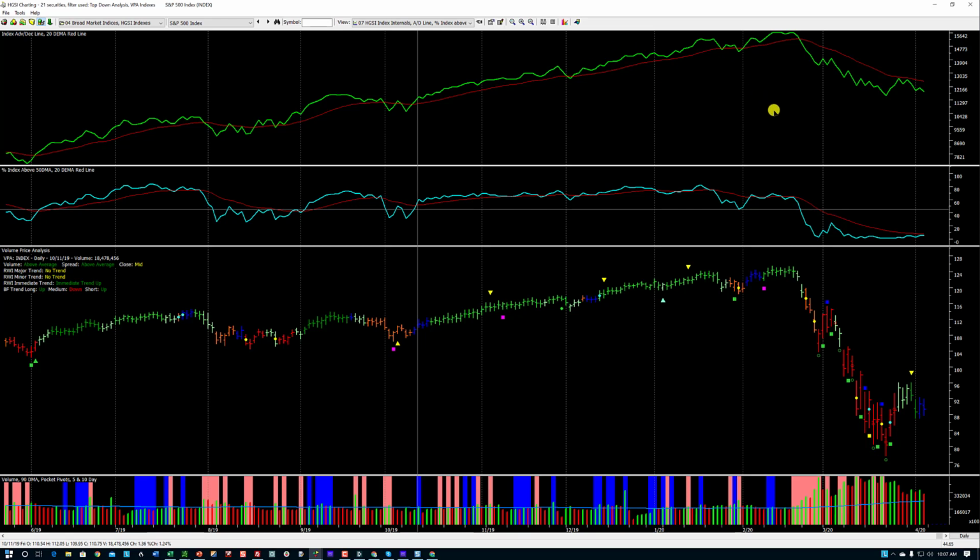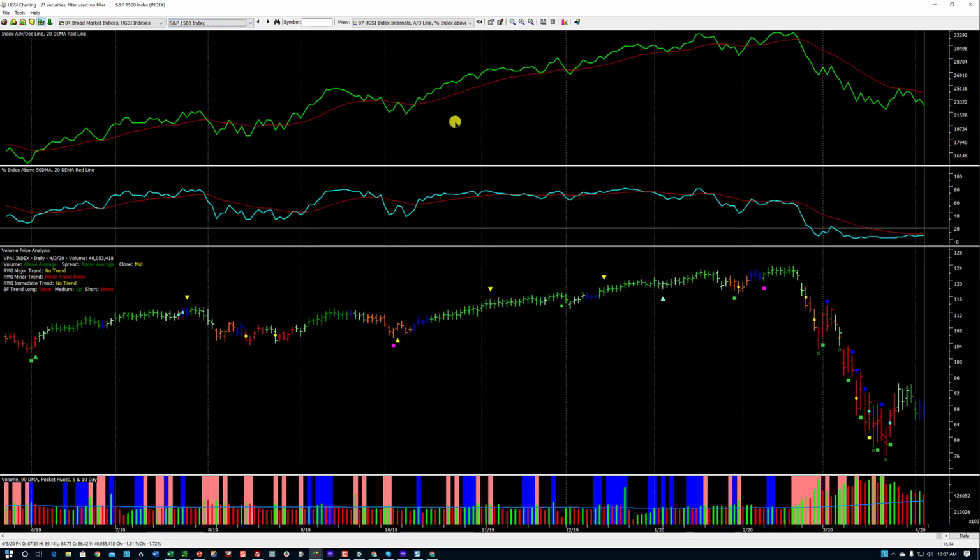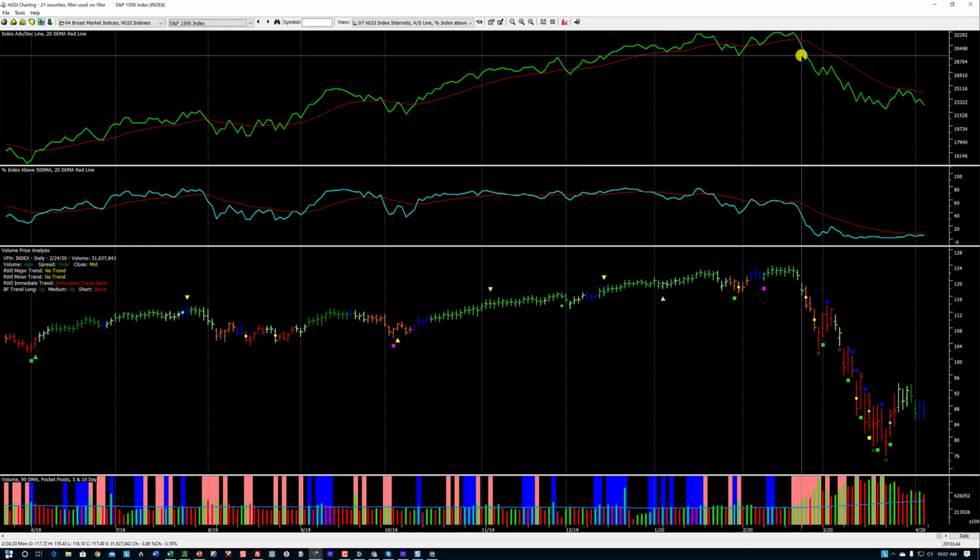Now, these indicators are like everything else. Nothing's perfect, but I think they give us a really nice visual of what's happening. Let's go broader here. Let's do the S&P 1500, and you can see that you're going to get very similar signals, and you can see that the percent of the stocks above their 50-day moving average has been deteriorating for quite some time here.